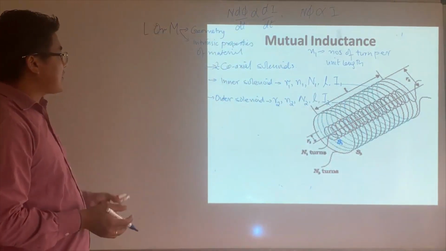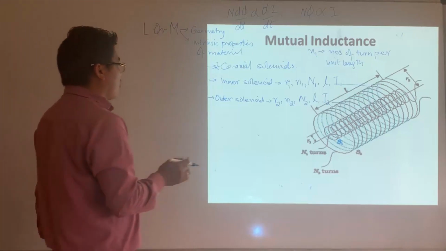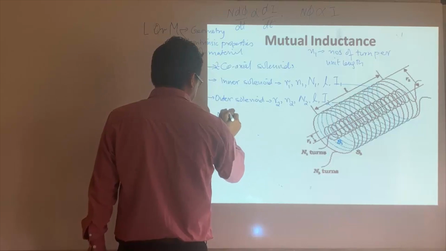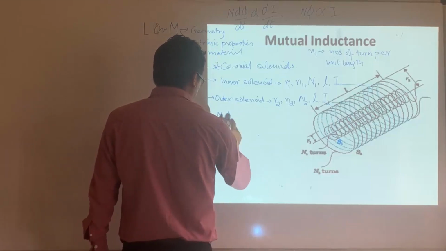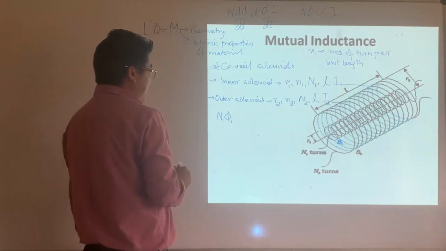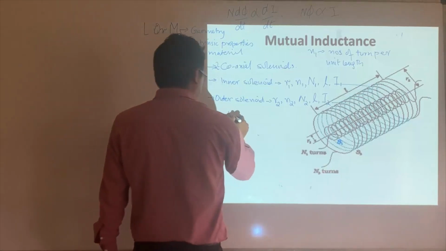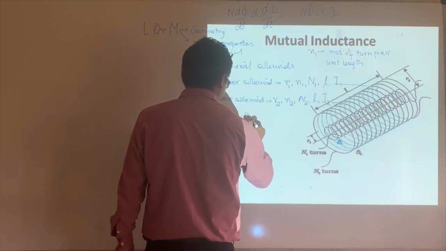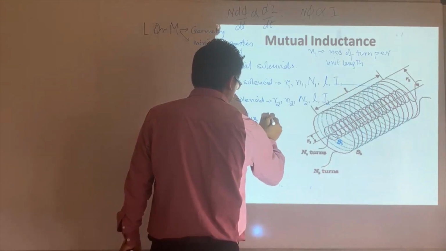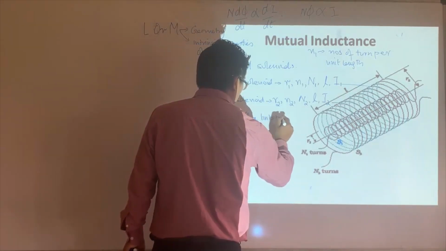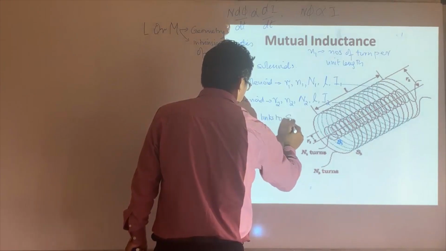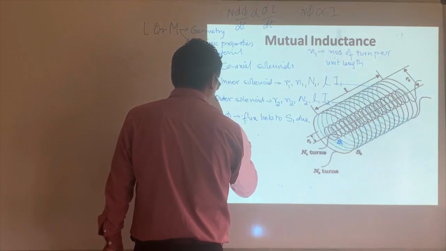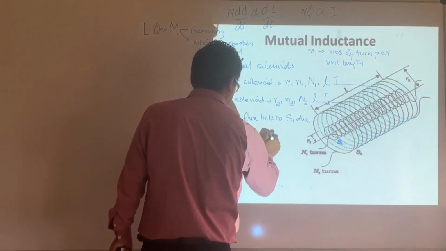Alright, so first let's talk about solenoid 1. This is the magnetic flux linked to S1 due to current I2 in S2.